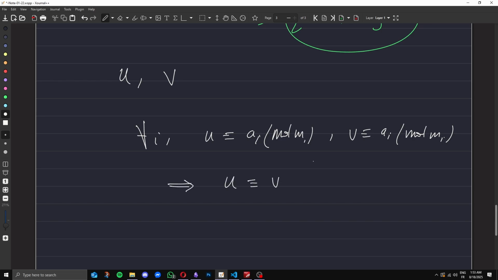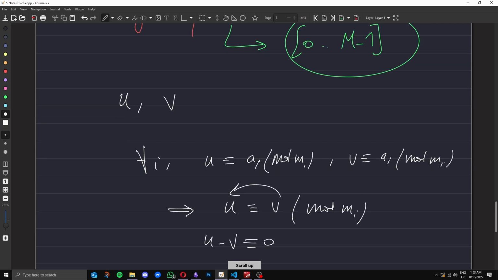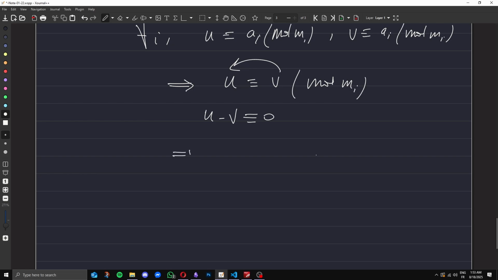So u is congruent to v modulo mi. Makes sense, right? So let's bring v here, so it becomes u minus v congruent to 0 modulo mi, which means mi divides u minus v. All right.